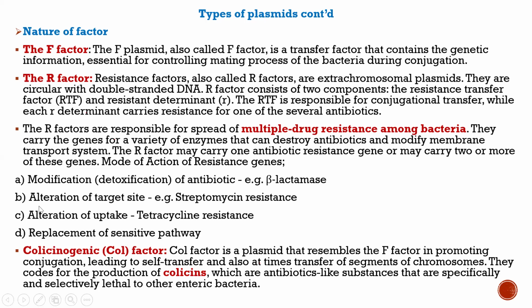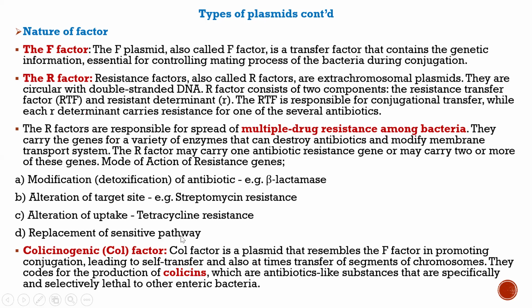Another way is alteration of the target site, the target that this antibiotic is meant to focus on. They can just alter the target site, rendering the antibiotic useless. Then alteration of uptake, that's the amount of antibiotic that can be taken up. This can be seen in tetracycline resistance.